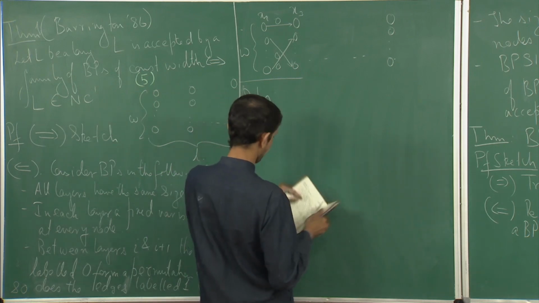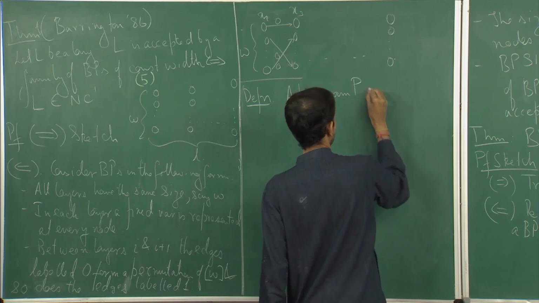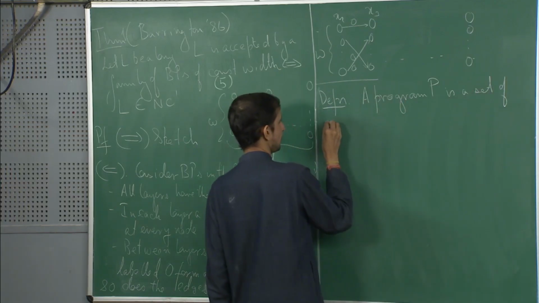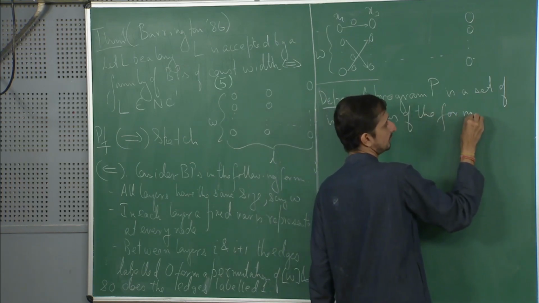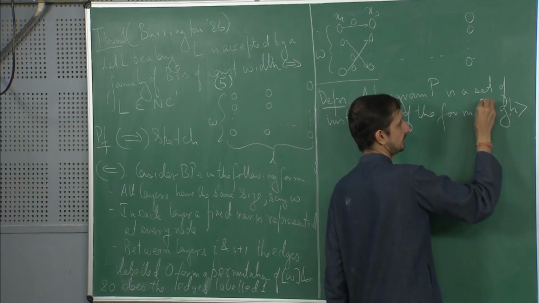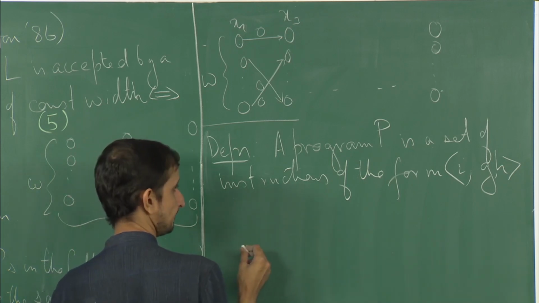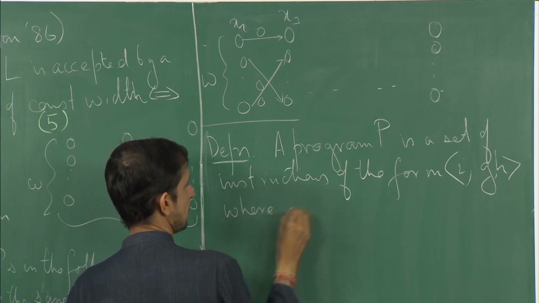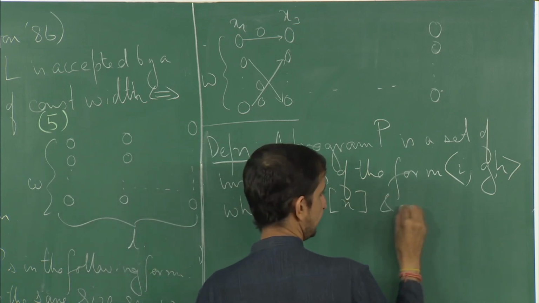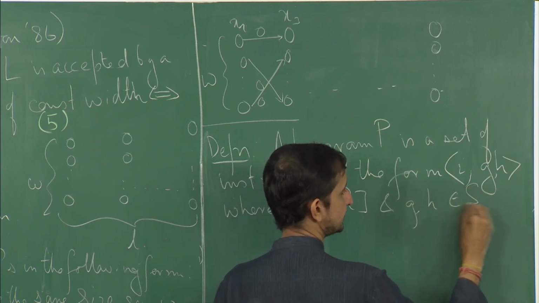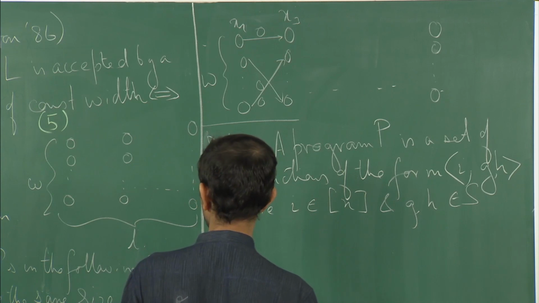So formally, a program P is a set of instructions of the form (i, g, h), where i is a number between 1 and n, and g and h are permutations of, well, so we only need it for 5, but it can be for anything.